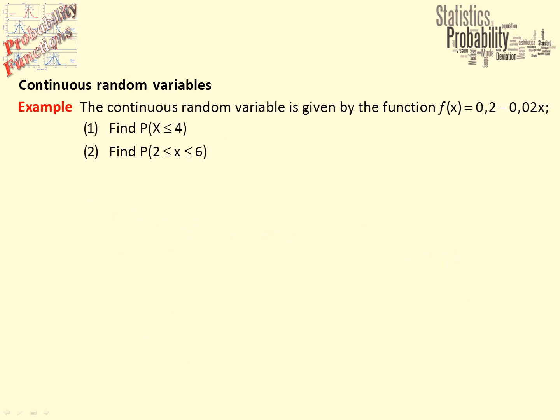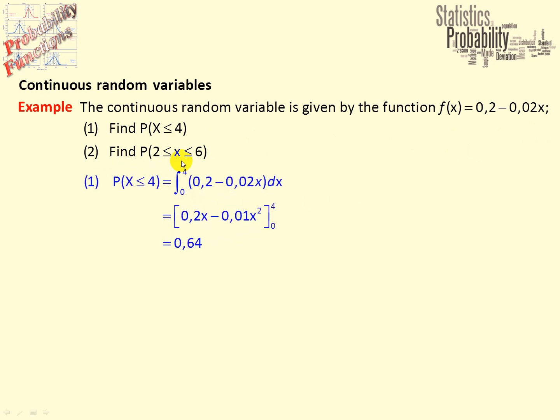And so now the continuous random variable is given by the function 0.2 minus 0.02x. Find the probability x is less than or equal to 4 and the probability that x is between 2 and 6 inclusive. Being under a curve, we're going to find the area from 0 to 4.